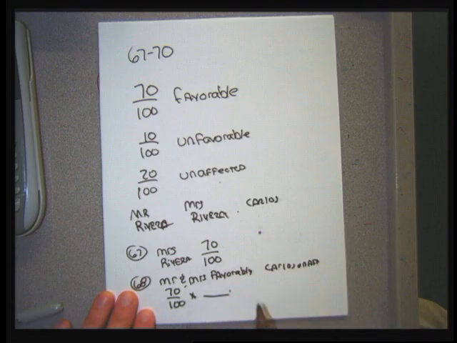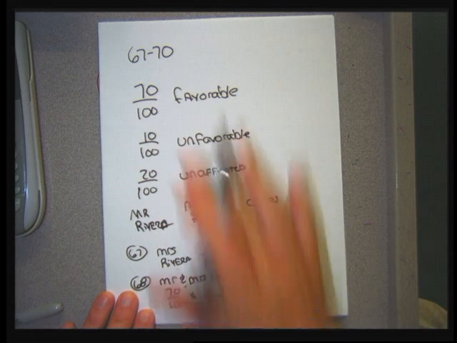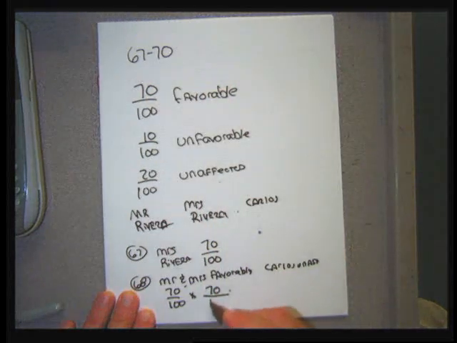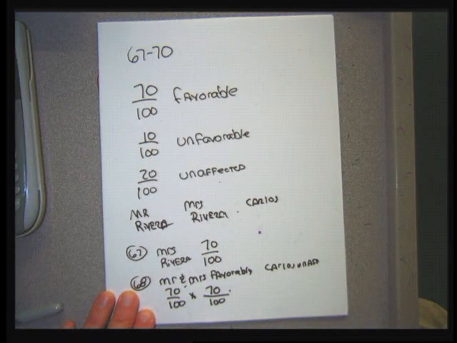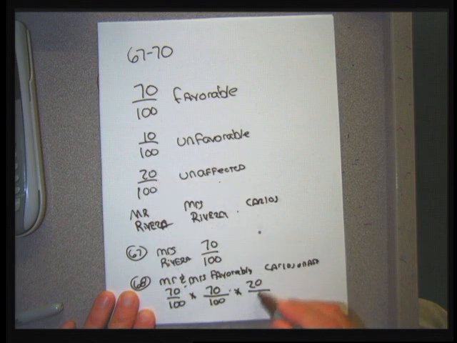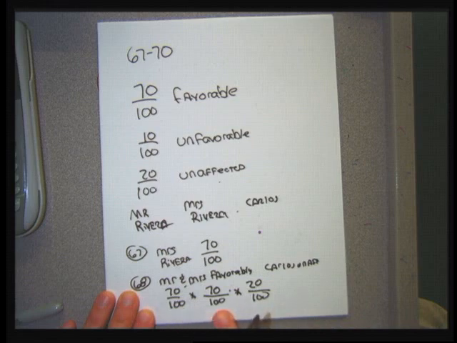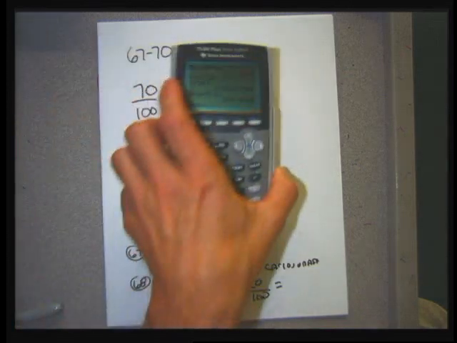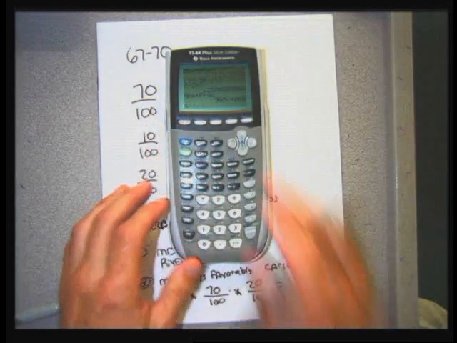But because Mrs. Rivera wasn't part of these 100, her chance is the same as her husband's. It's still 70 over 100. And Carlos's chance of being unaffected is still 20 over 100. If you would have written 70 over 100, 69 over 99, 20 over 98, I'd live with that. I can completely see why you might want to do it that way. It's not supposed to be done that way, but I can definitely live with that.